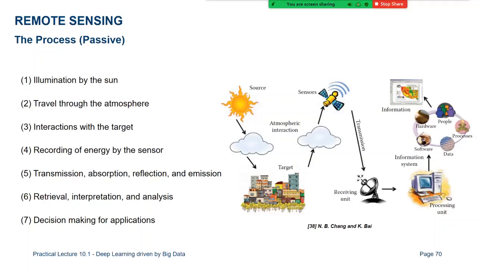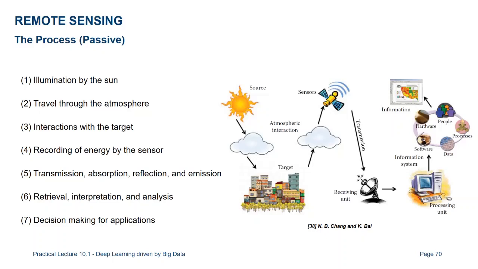You see that there is already an interaction here. The remaining part goes to the surface, interacts again with the objects, and some of the light is retransmitted back, goes through the atmosphere again, and is recorded by a sensor, which can then transmit it to a receiving unit. That is the place where you can start with machine learning, deep learning.